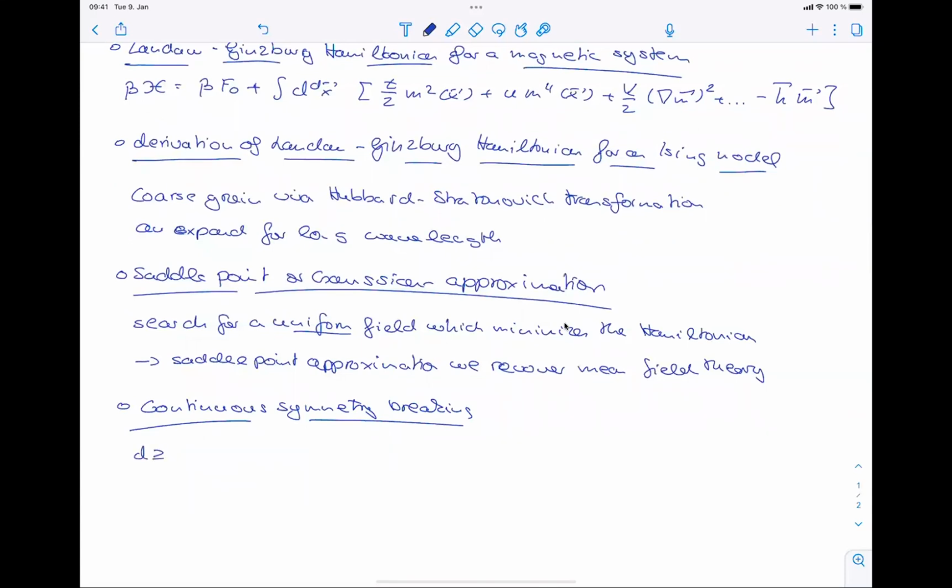This is something that we can have only in 2 dimensions or higher, because there the Hamiltonian has, first of all, a rotational symmetry that can be broken.